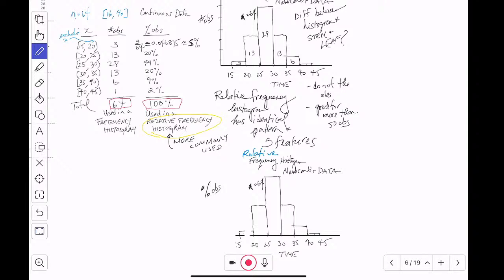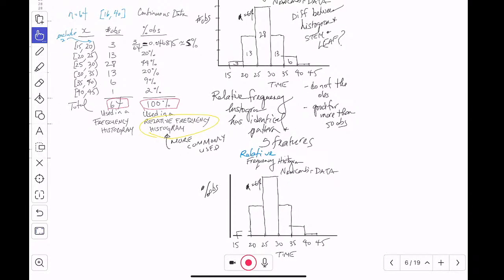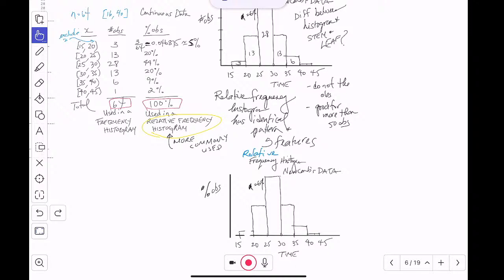I'll just cheat and not put the scale in. It'll have the same sort of pattern. But this will be 44%.